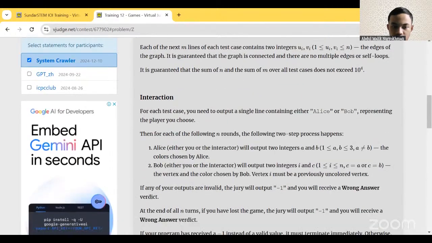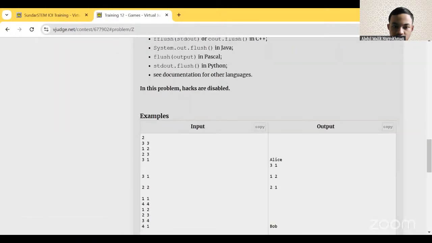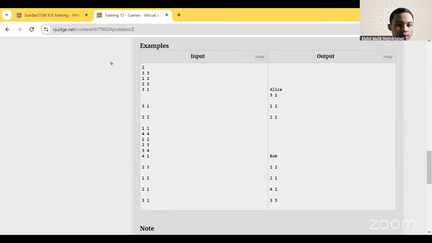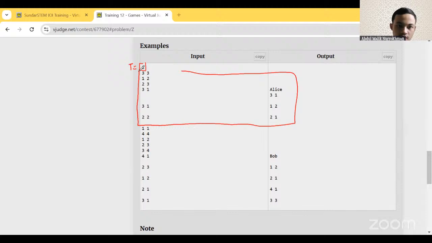So the interaction format is like this. At first, the number of test cases is given. This is the first test case, and then this is the second test case. In each test case, n and m are given. After that, m edges are given.